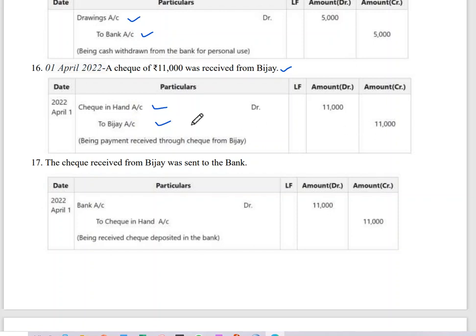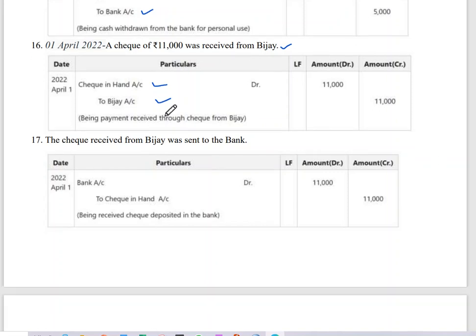So check in hand debit to Vijay account, being payment received through check from Vijay. There may be a chance that the check gets dishonored, that is, rejected, or accepted. Anything may happen, that's why we are still using Vijay account here.